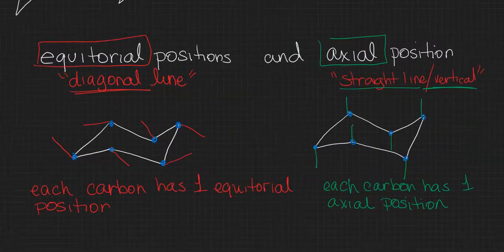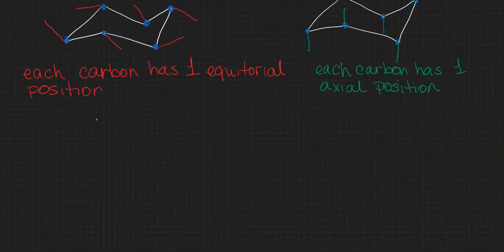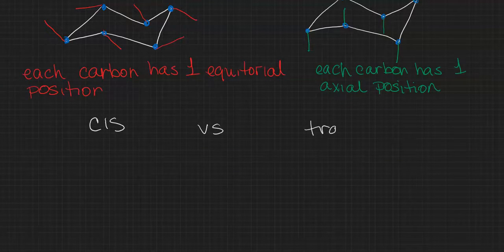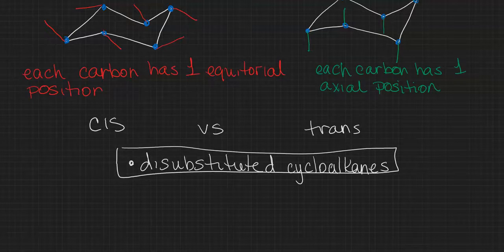With chair conformations, we can also look at cis versus trans. And these are going to correspond to disubstituted cycloalkanes, meaning that they can have two substituents.